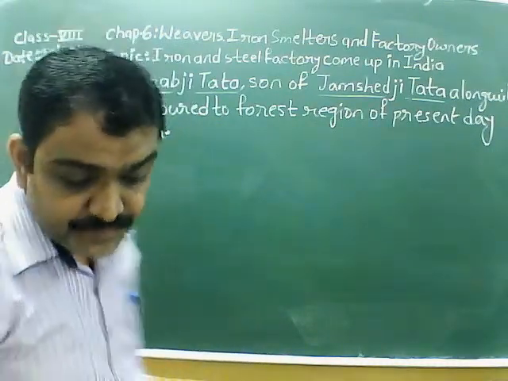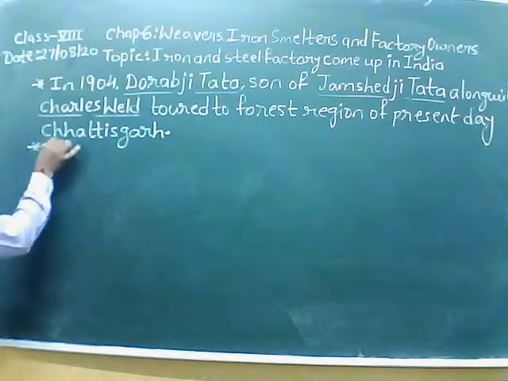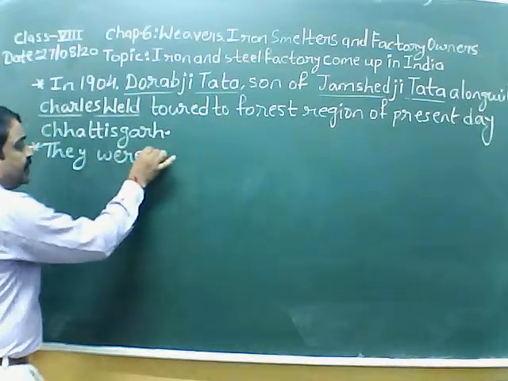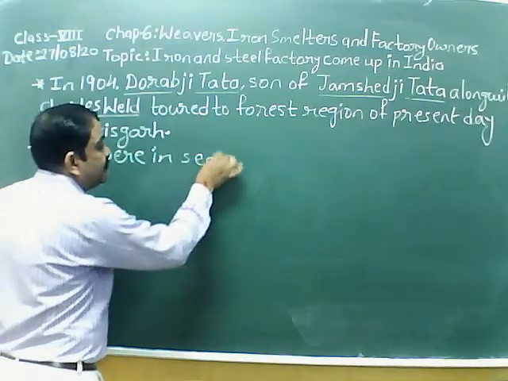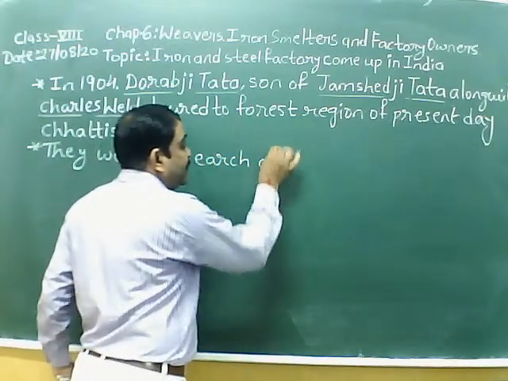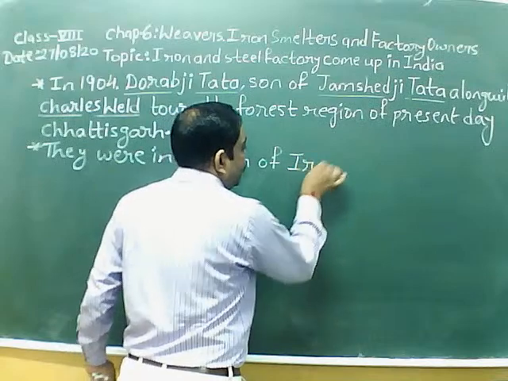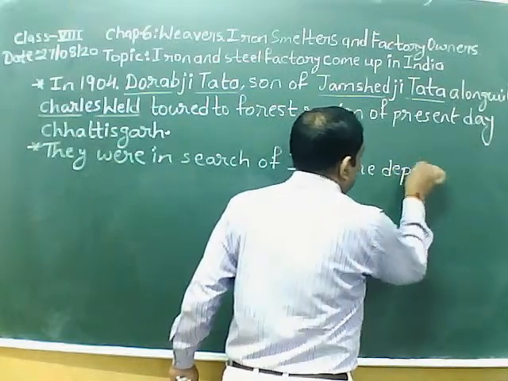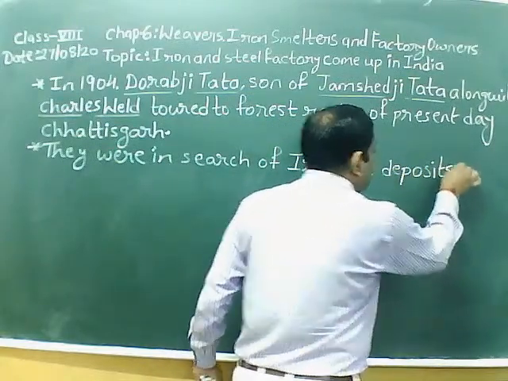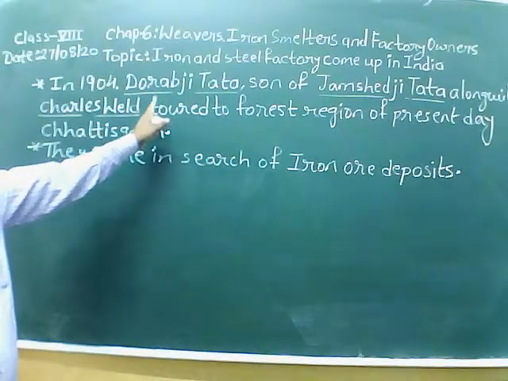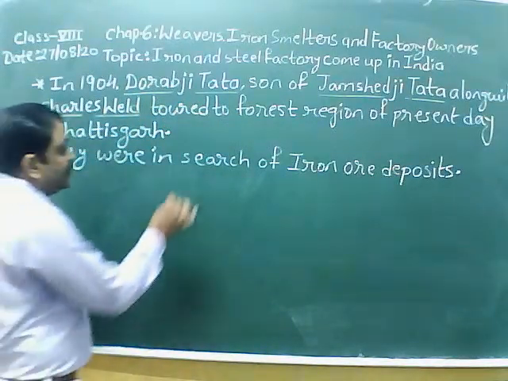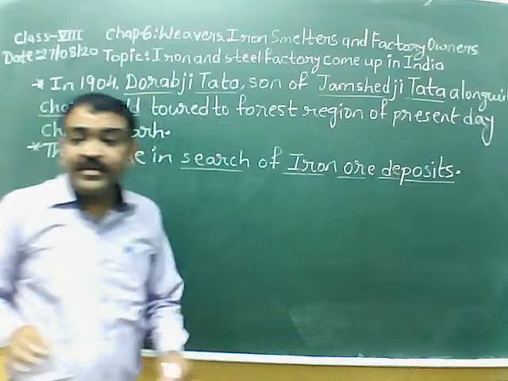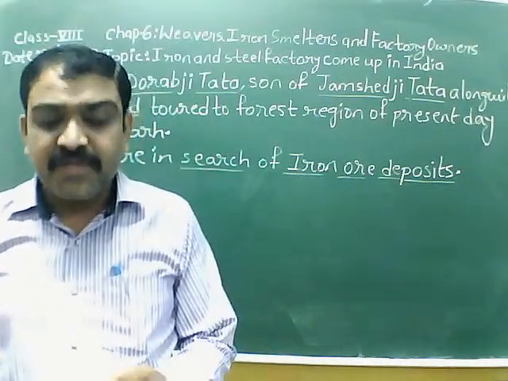They were in search of iron ore deposits. Now why were both the people touring? They were touring in search of iron ore deposits. ठीक है, तो छत्तीसगढ़ के इस इलाके में ये लोग क्या करने गए थे?